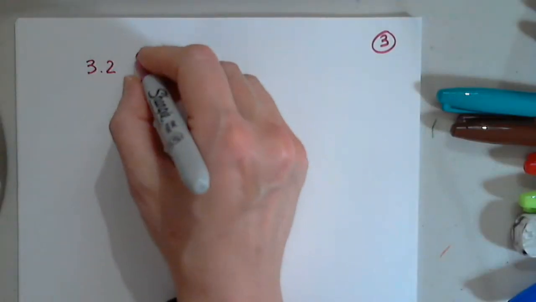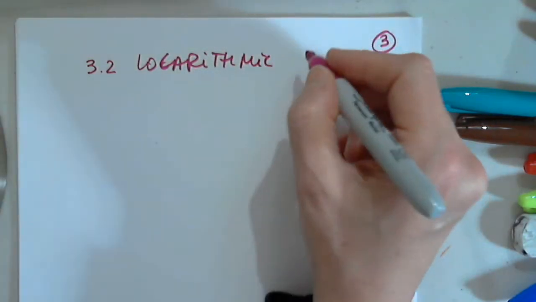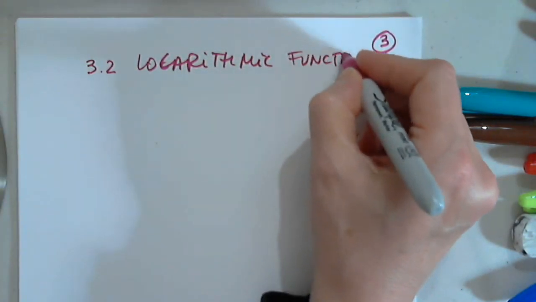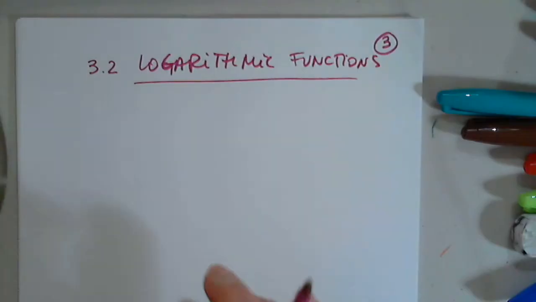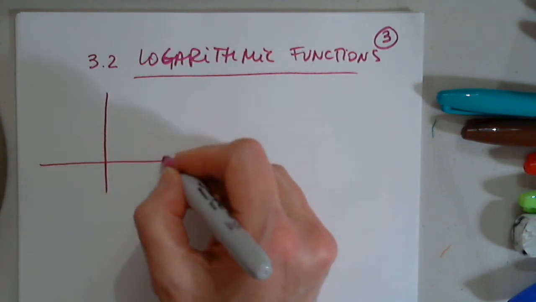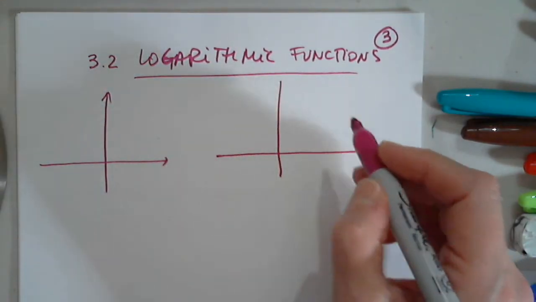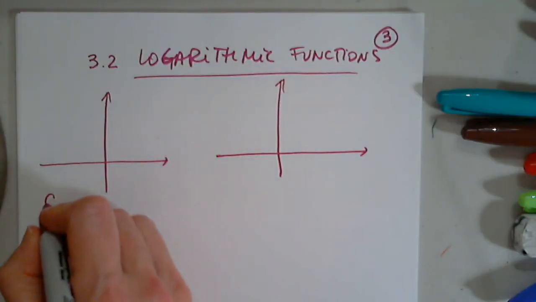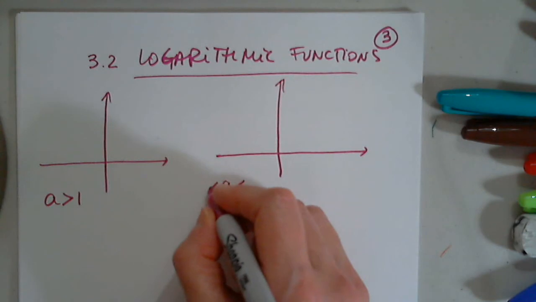Okay, then 3.2, logarithmic functions. Remember last time we looked at the exponential function, and it has two shapes: one for the base greater than 1, and the other one for the base between 0 and 1.